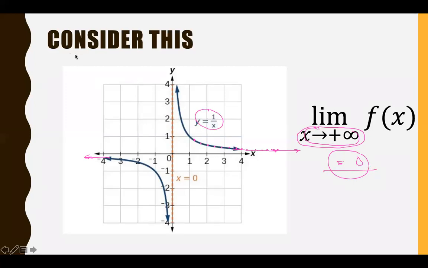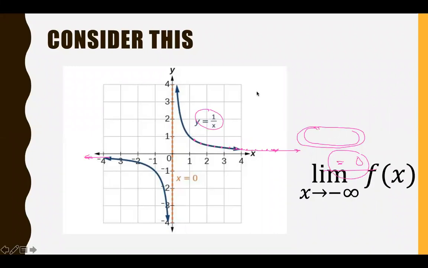Now, if we have the other way around, for example, this time we solve for the limit of our function f of x as x approaches negative infinity, what we will do here is, again, focus on the negative infinity. Technically it goes here, the other half of the graph. Say, for example, here we go there and it is approaching negative infinity. Still, if you notice, it is asymptotic to the x-axis.